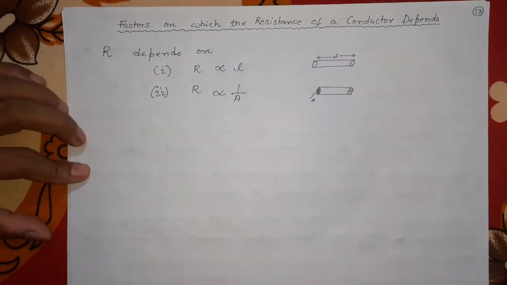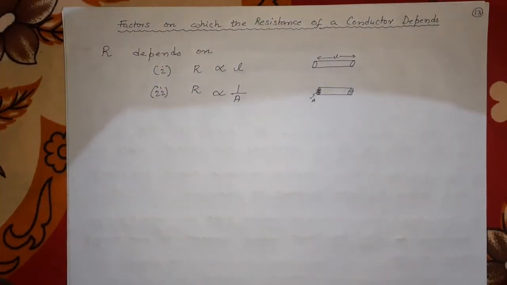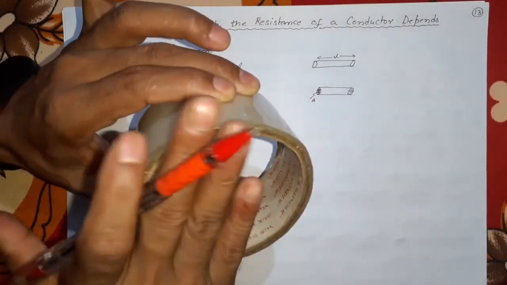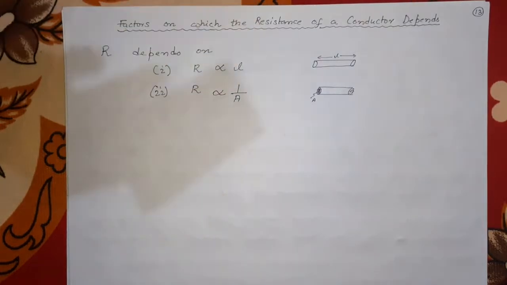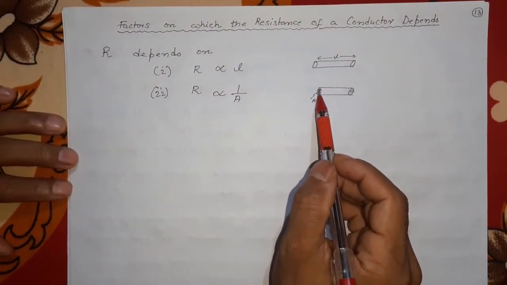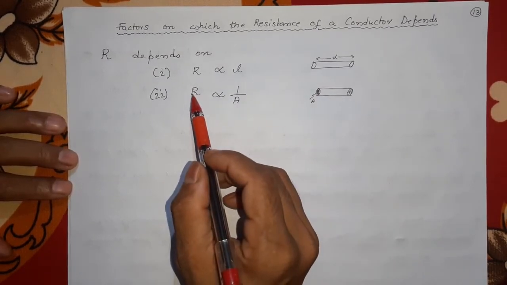If that area is more, of course this is all filled up, what will happen? If the area is more, resistance will be less.